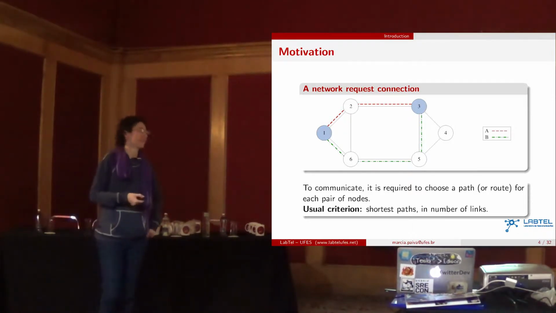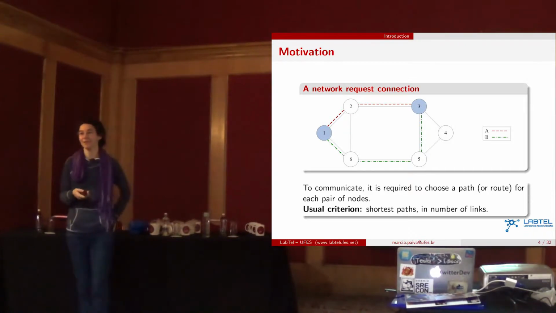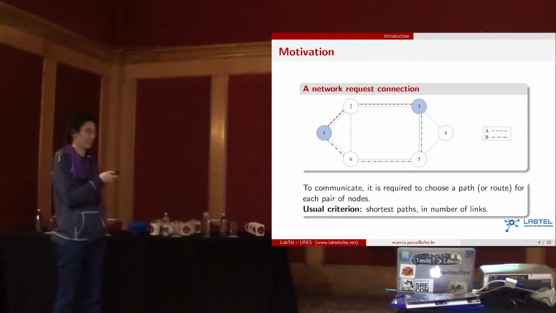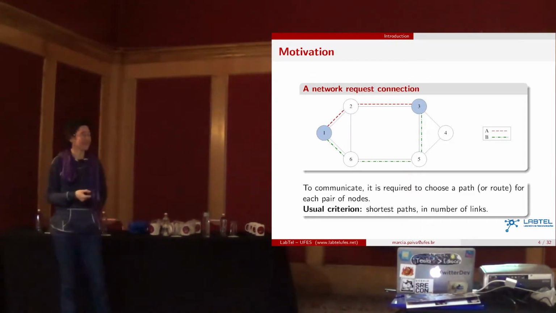In general, we use the shortest path to communicate. So in this case, we would almost always prefer path A, just because it has fewer links than the other one.